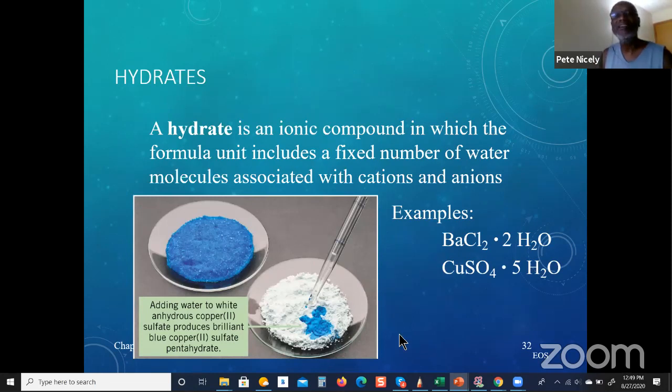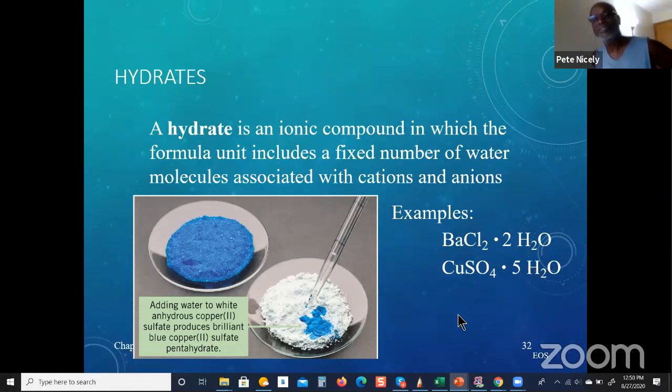You have BaCl2, then a dot and 2H2O. What this is saying is that for every unit of barium chloride in this compound, we have 2 water molecules. And here, CuSO4 dot 5H2O, same idea.